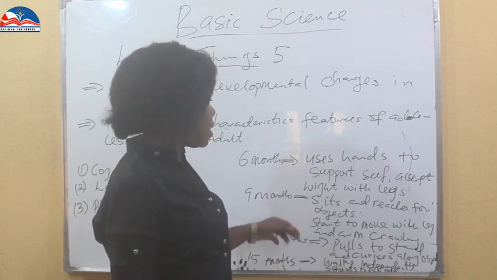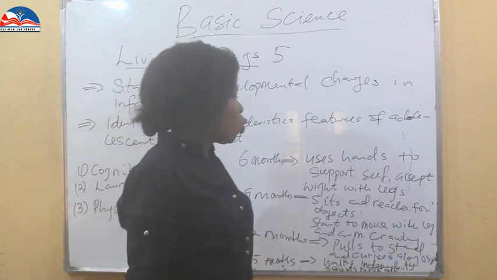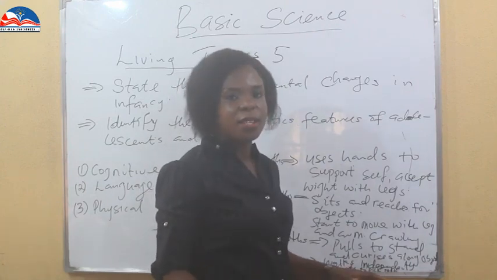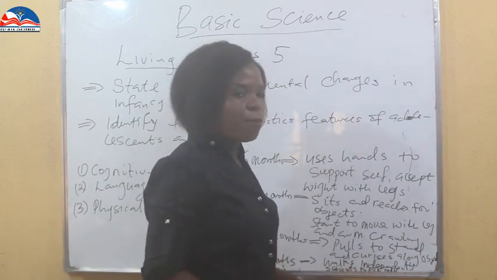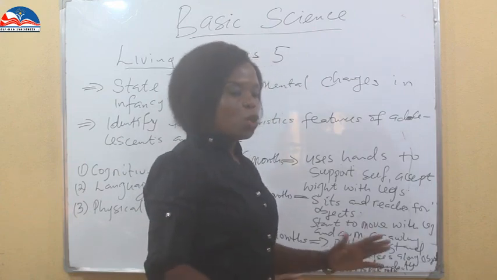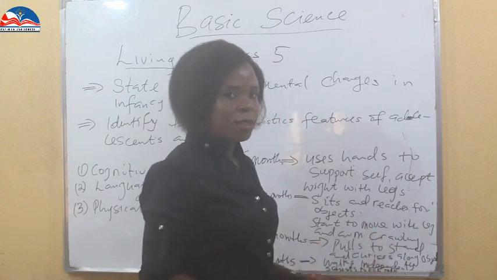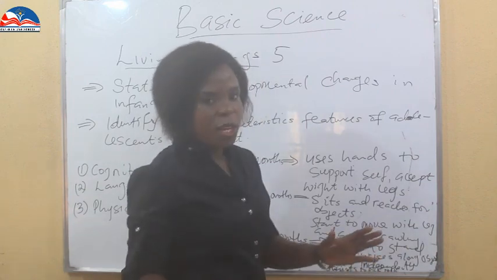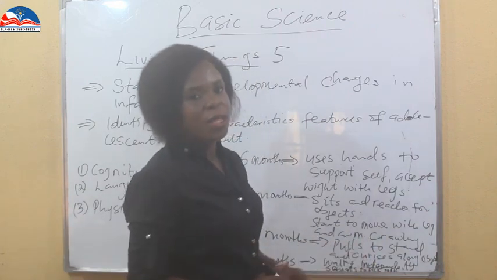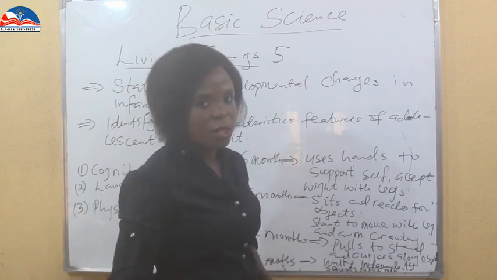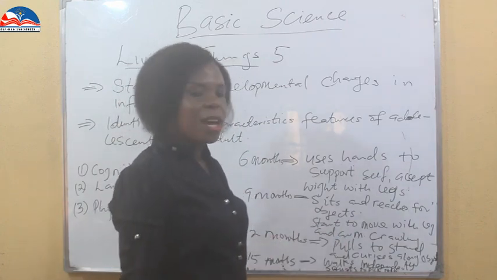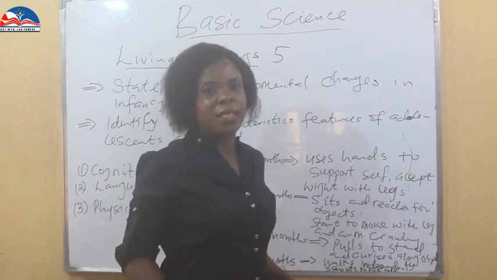And at this stage, the child will start to move the legs and the arms. In some cases, for some children, as the child falls, you see the child swimming on the ground, trying to make movement with the hands, with the legs, with the tummy, and moving sideways in order to reach for that object.